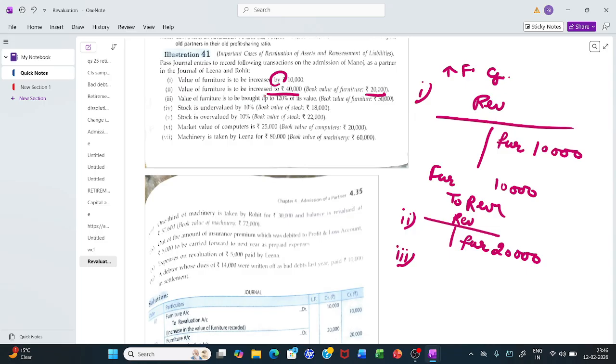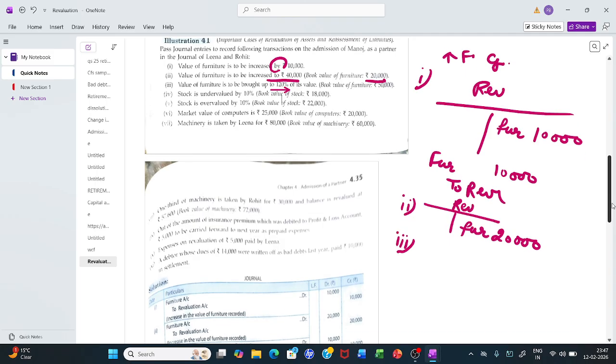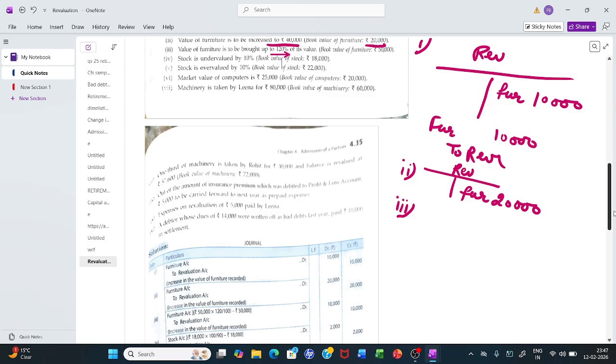Third one, value of furniture is to be brought up by 120% of its book value. What is the book value? 50,000. When it is brought up by 120%, 120% can be written as 120 by 100, 6 by 5.